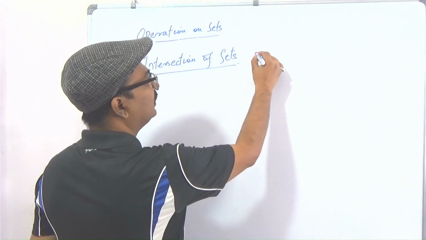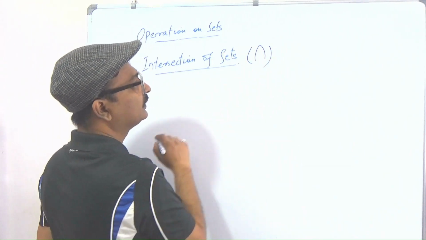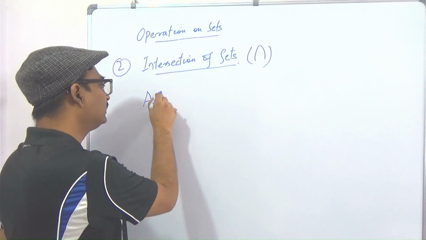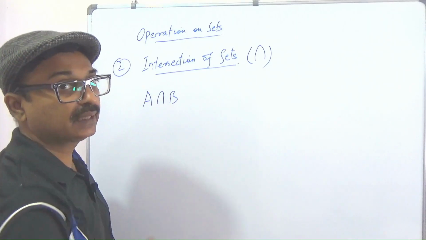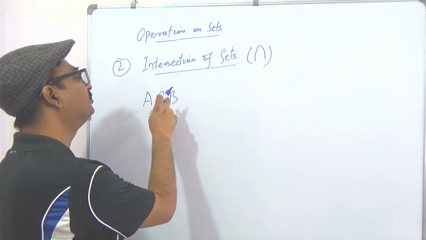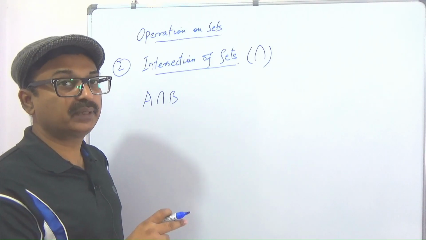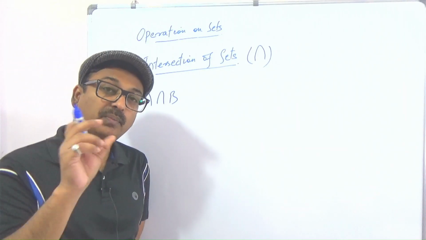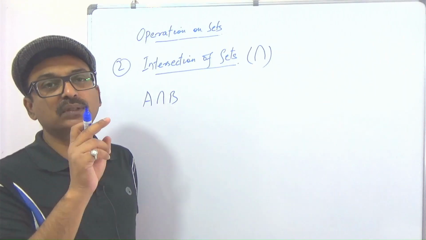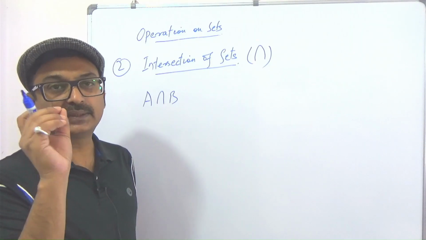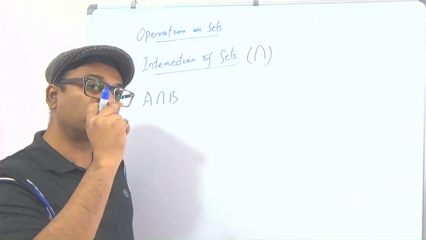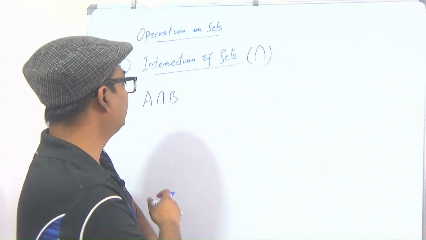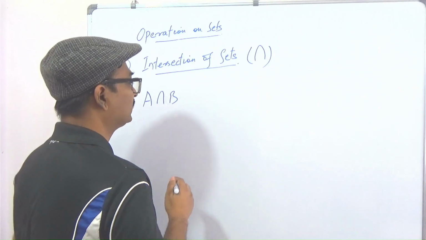The symbol is an inverted U. Let's have two sets, A and B. A intersection B is the set of all those elements that belong to both A and B, that is, the elements which are common to A and B. That set is called A intersection B. So this is the intersection operation.